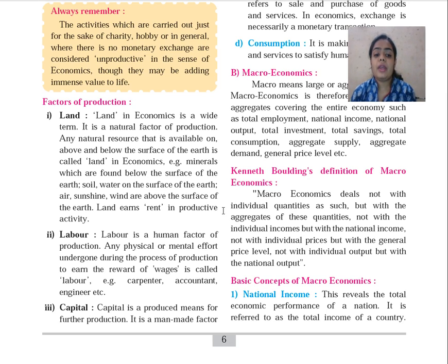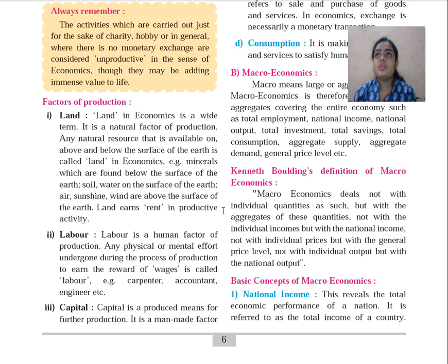Further, we have capital. The third factor of production is capital. Capital is a produced means for further production. It is a man-made factor. So what do you mean by capital? I'll give you a brief explanation. Capital is anything or any amount which is invested in your business for the purpose of starting your business or buying raw material.